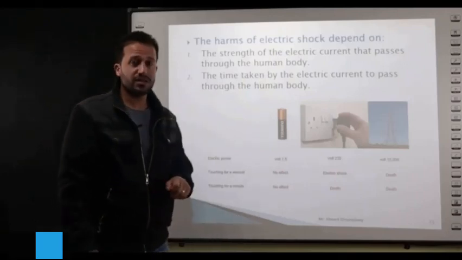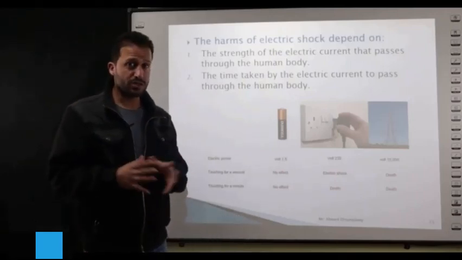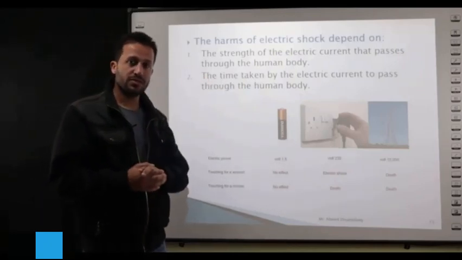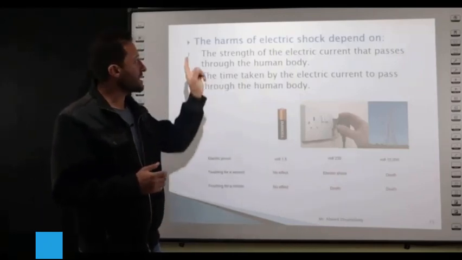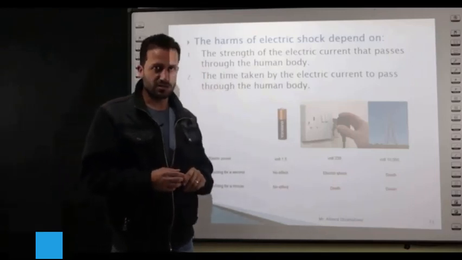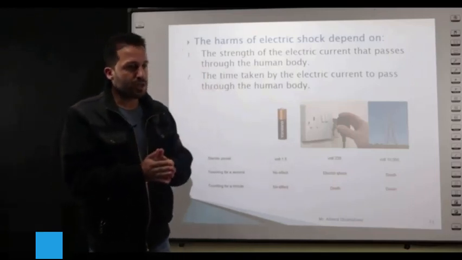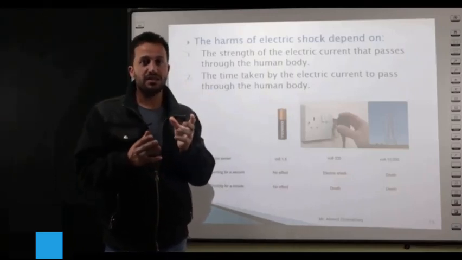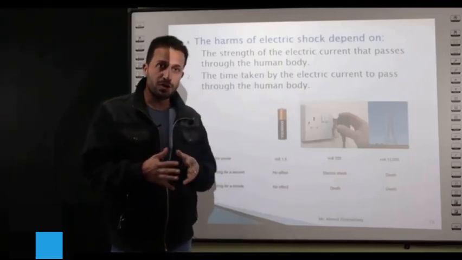The harm of electric shock is very dangerous, but it depends on two things. Number one, the strength of the electric current. Maybe you are using a battery, and the battery's electric energy is too low.